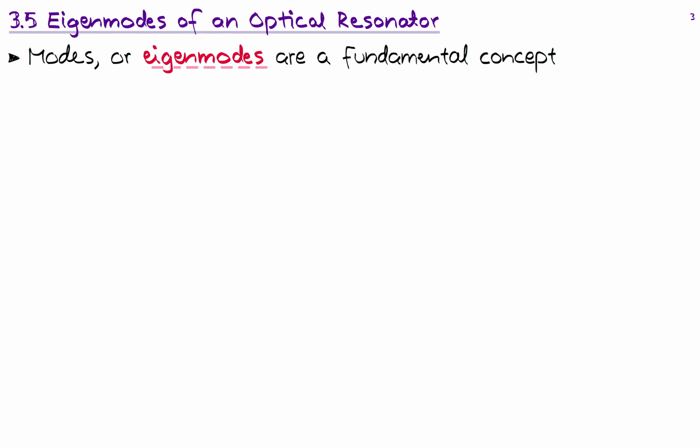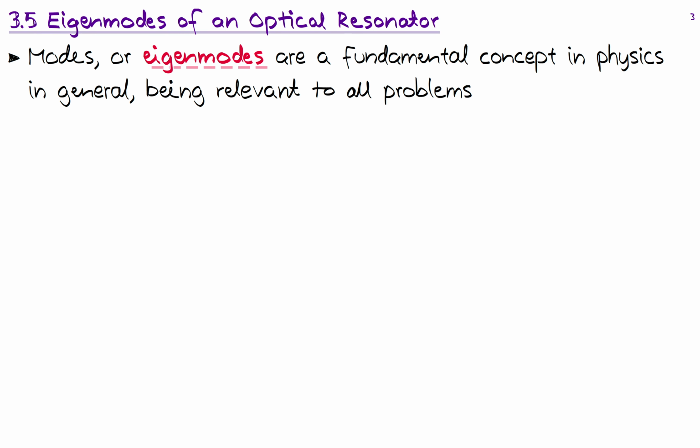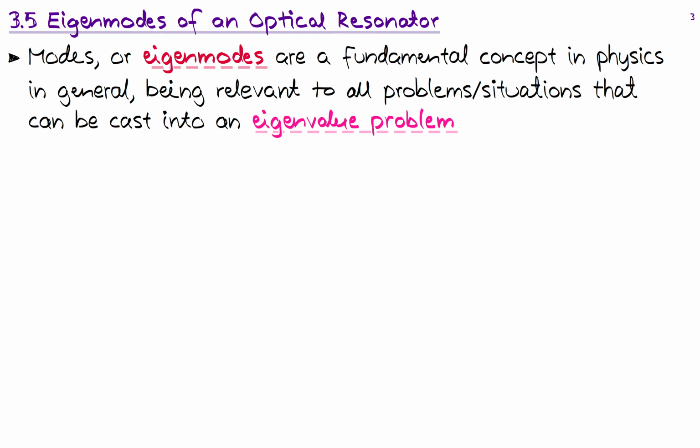So not just in laser physics, not just in optics, but eigenmodes pop out from the mathematical framework many times when we are dealing with eigenvalue problems, or when we can recast our problem mathematically into an eigenvalue problem. From there we automatically have eigenmodes arising. So they are essentially relevant to all problems and situations that can be cast into an eigenvalue problem.